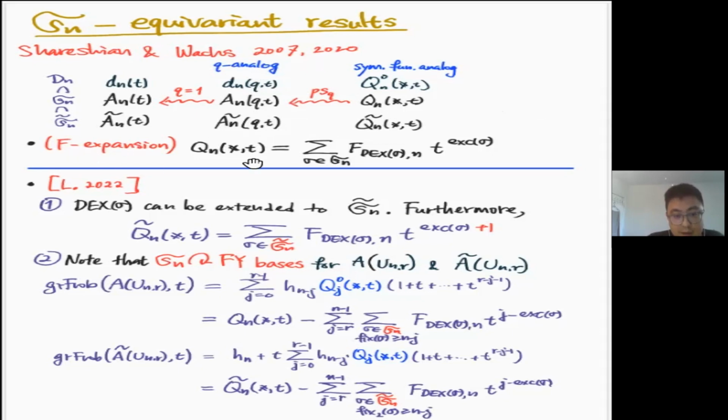Hsin-Chieh and Wachs also have an F-expansion for this Q_n(x,t), which has this form. So this F is Gessel's fundamental quasi-symmetric function, and DEX is just some set statistic, a kind of variant of the descent set. And so our result is that we show that this DEX statistic can also be extended to decorated permutations. And furthermore, these Q_n tilde also have a similar fundamental quasi-symmetric function expansion using these DEX.